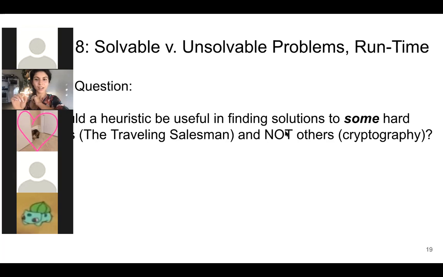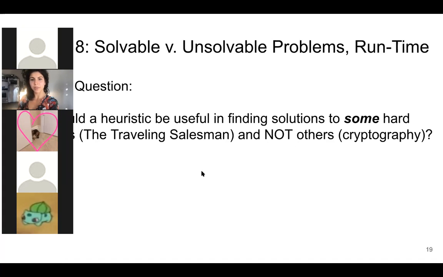We can settle on something that's good enough. But with cryptography, you need the exact bit. And if you used a heuristic, something that's close isn't gonna be helpful at all. It's still a wrong answer. Shruti agrees. With a heuristic, it's only for problems that can take approximate solutions. Excellent. And Noah, that's what you were getting at.